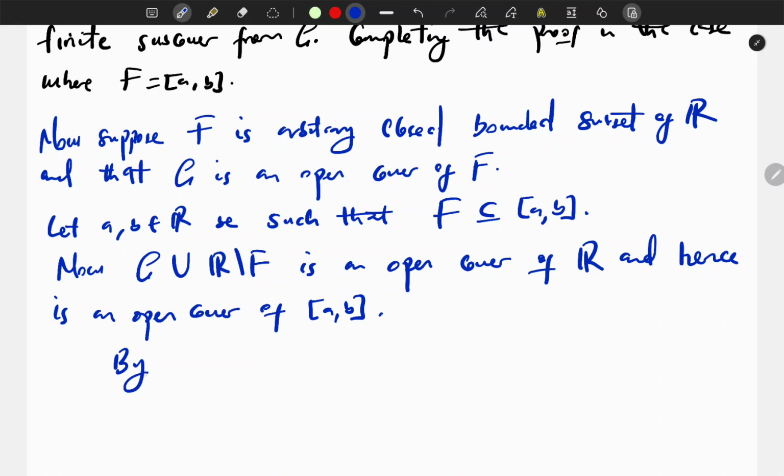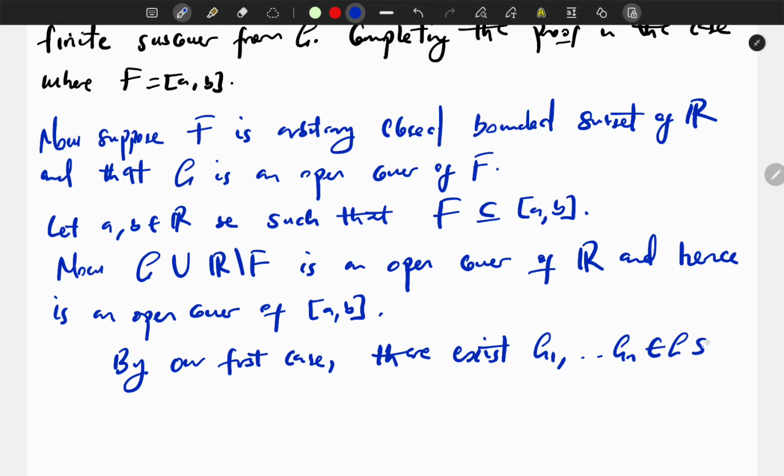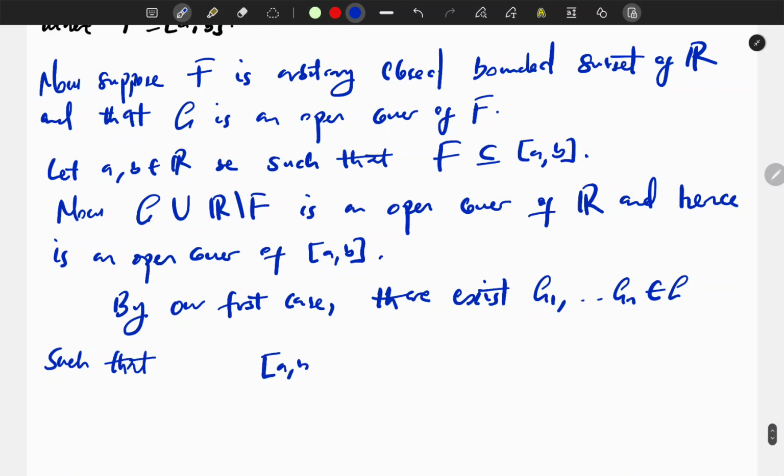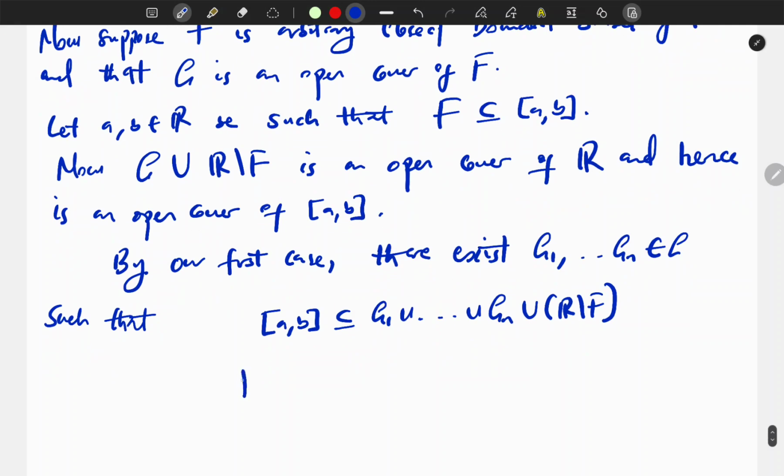And then by our first case, we are able to see that there exist G1 dot dot Gn that belong to C such that A comma B is a subset of G1 union dot dot union Gn union R take away F. So that means that F can be a subset of G1 union dot dot union Gn.